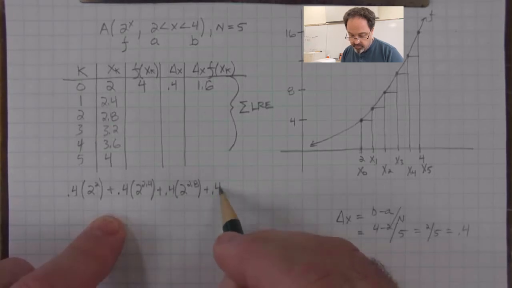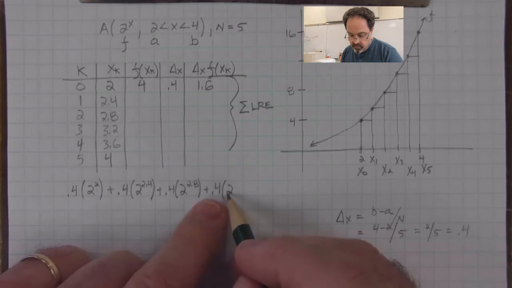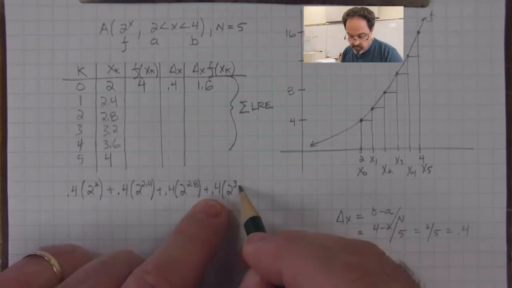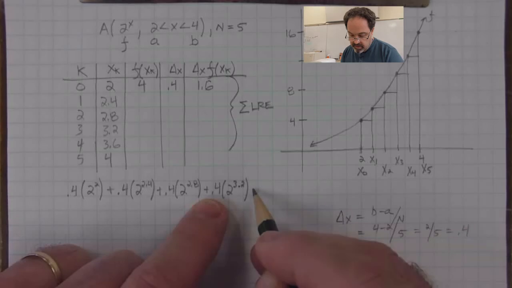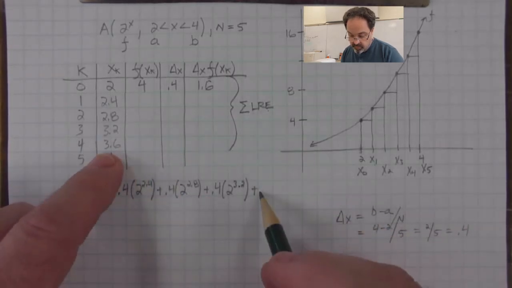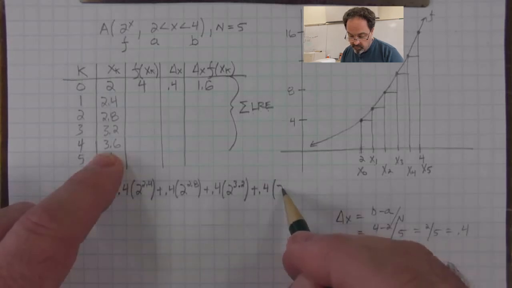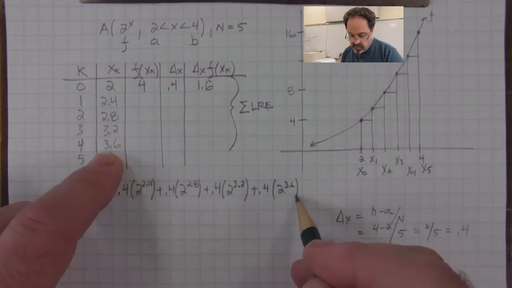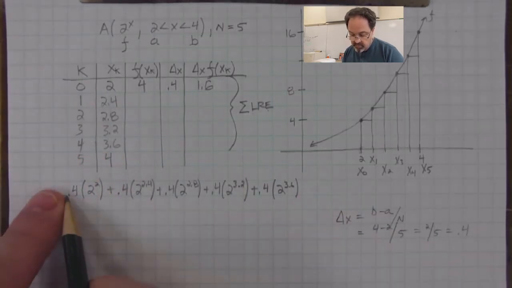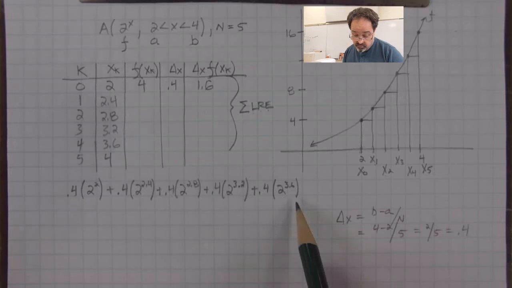Fourth rectangle, 0.4 times 2 to the 3.2. Last rectangle in the left rectangle estimate is found as the base 0.4 times the height found as 2 to the 3.6. When I list the rectangle areas and their calculation like this, it's produced a series.